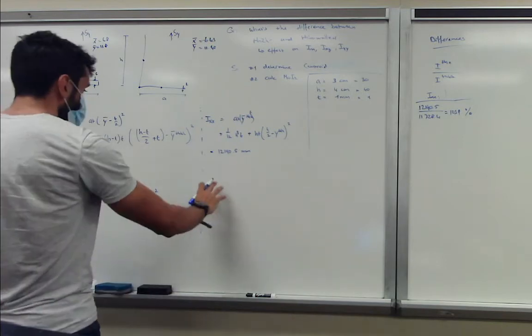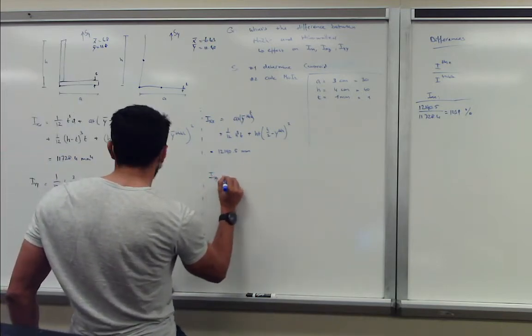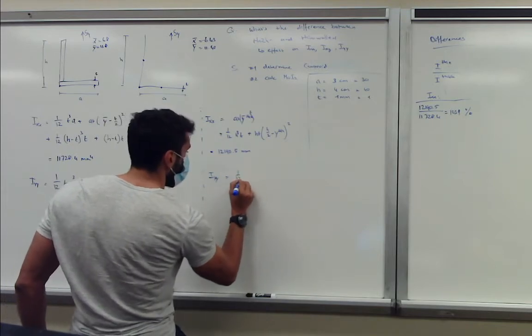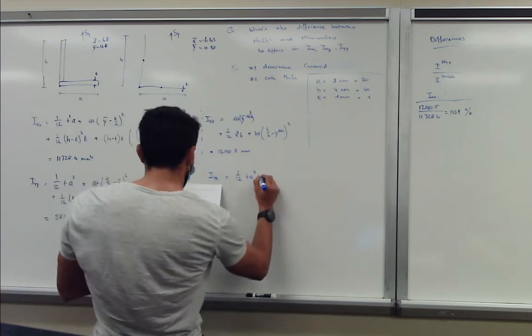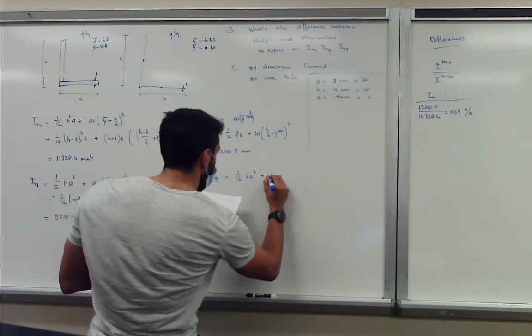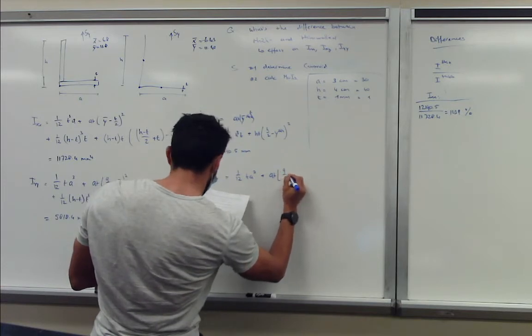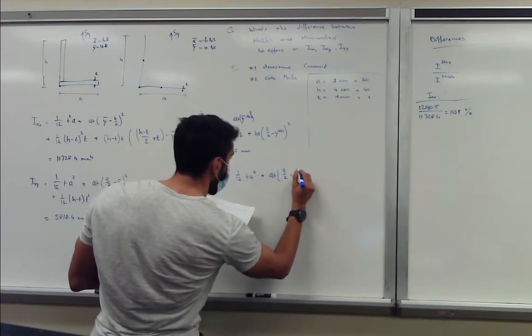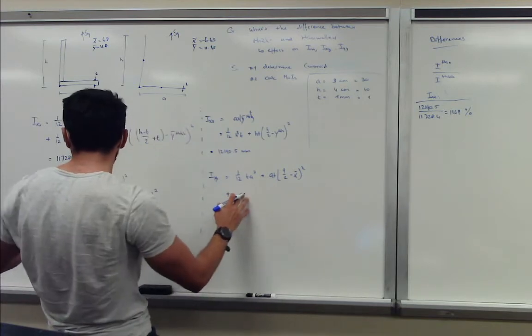Similarly, we can do it for the thin wall. We get Iyy is 1/12 t a cubed, plus At multiplied by a/2 minus x thin squared, plus this t.